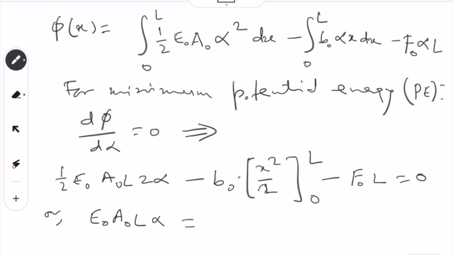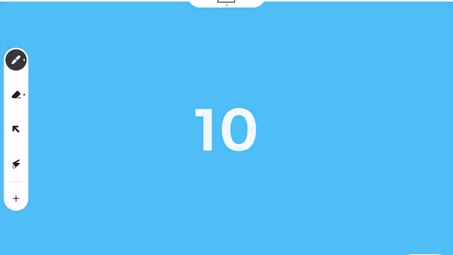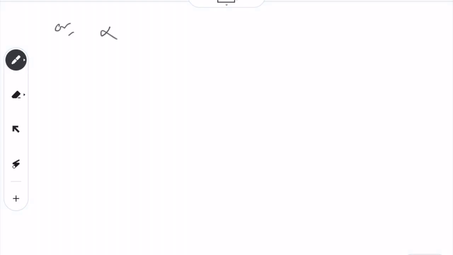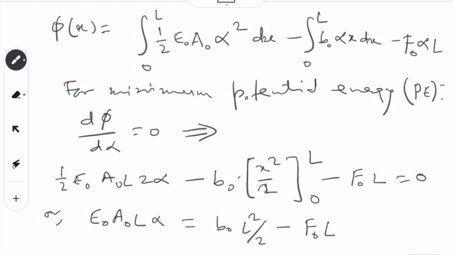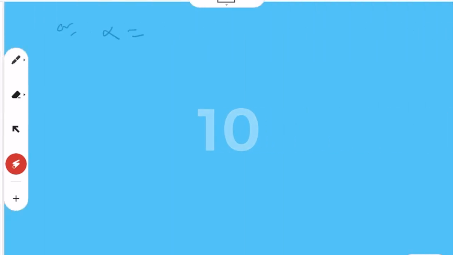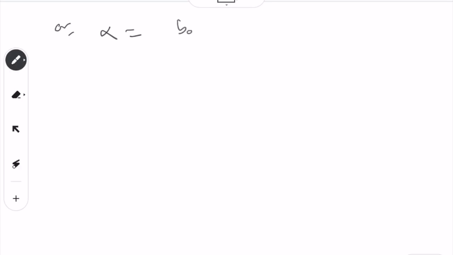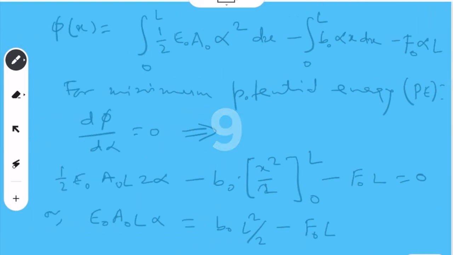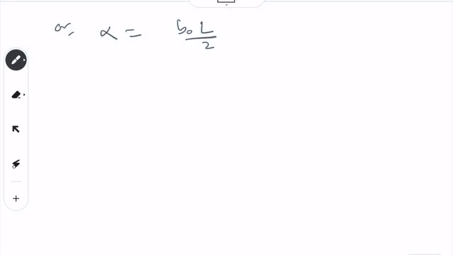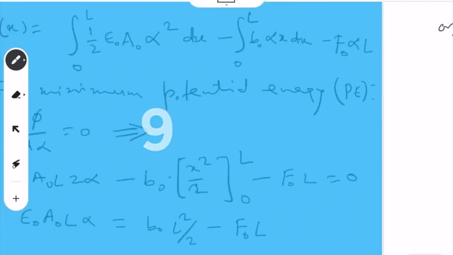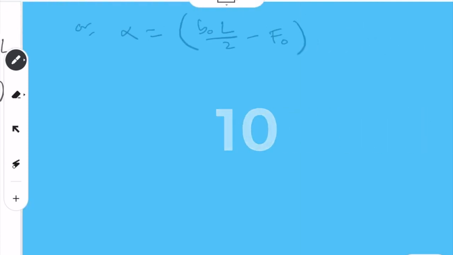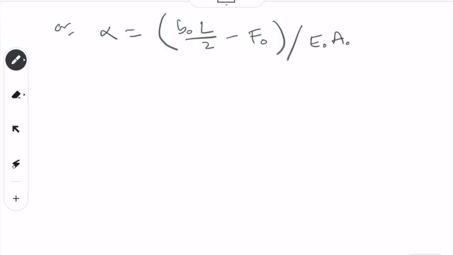So basically, we get E naught A naught L alpha is equal to b naught L squared over 2 minus f naught L. Or alpha is equal to, we can have L common, so L cancels out, so b naught L over 2 minus f naught, divided by E naught A naught.